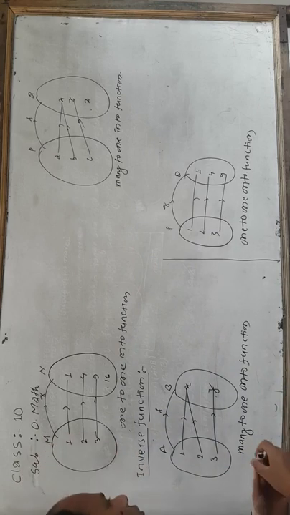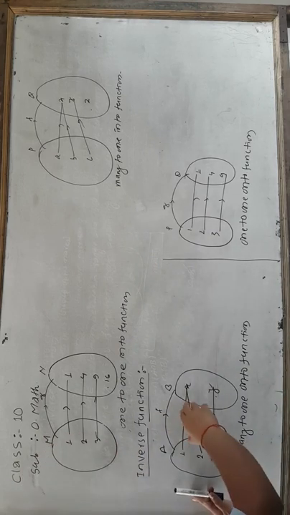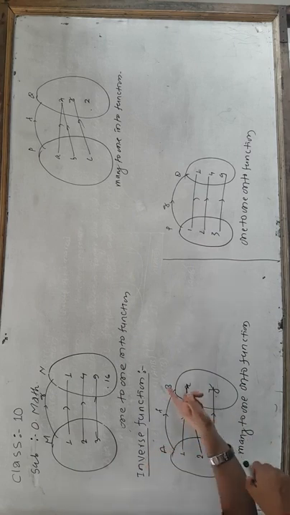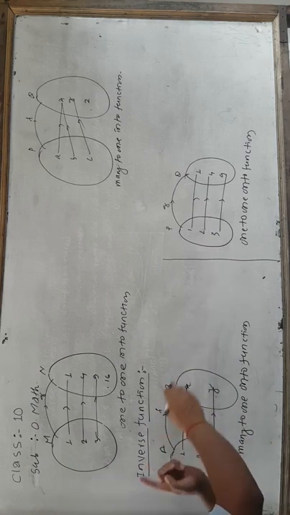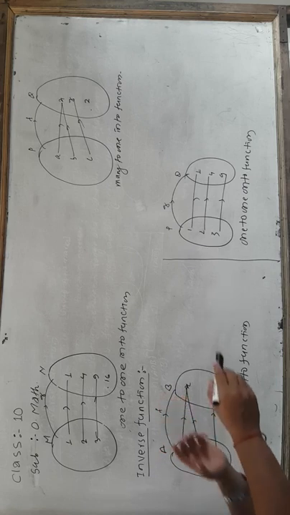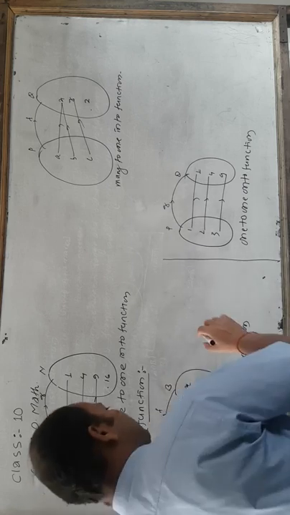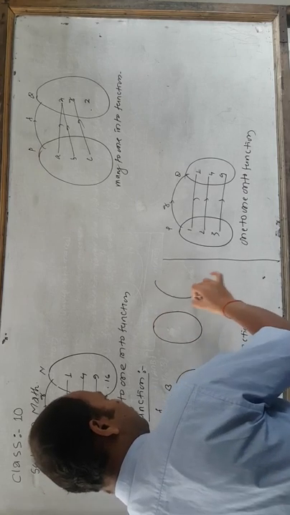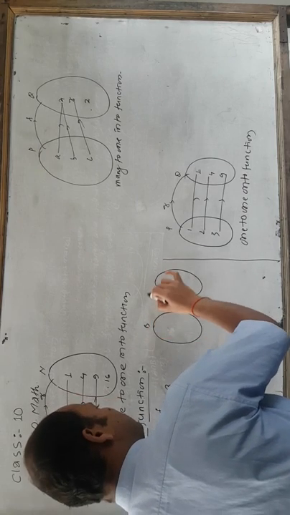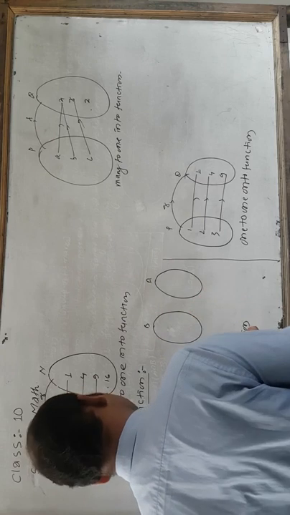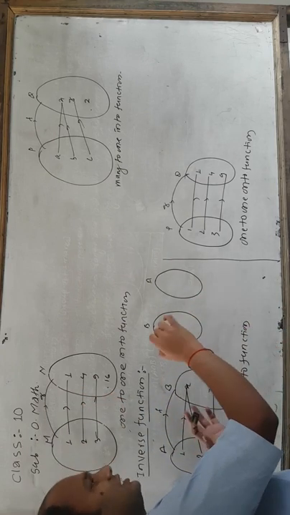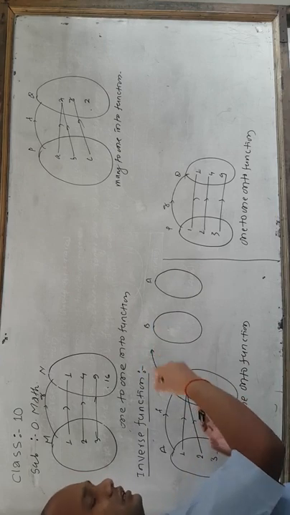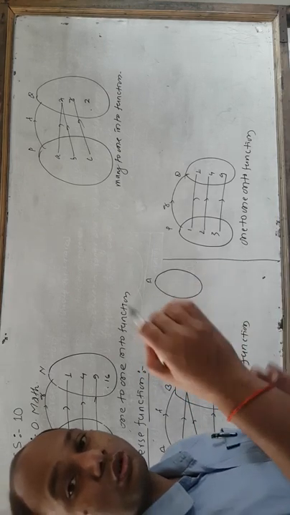Now look here. Here we find that when we change their range and domain, then the places of the sets A and B also interchange. Here this is now set B and this is now set A. When we find its inverse, the sets interchange their position.